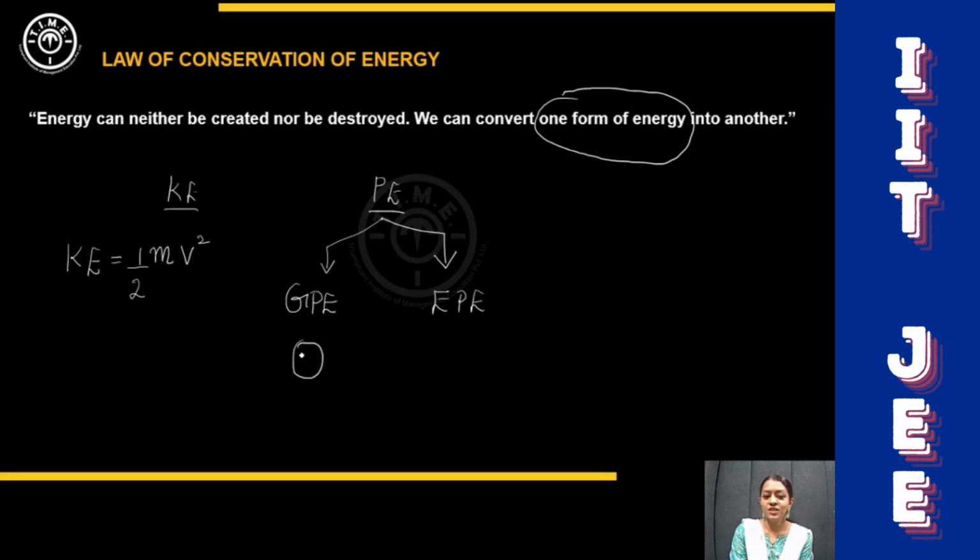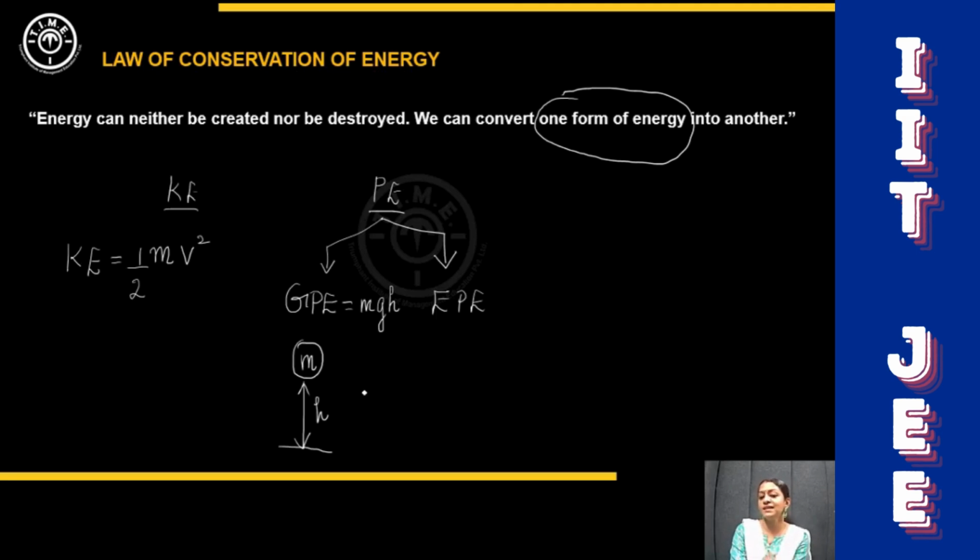If you are considering a body of mass m which is at a certain height h above the reference level or ground, then the gravitational potential energy possessed by this body is given by the equation mgh, right? m is the mass of the body and h is the height of the body above the ground, and g is the acceleration due to gravity. So, hope now you are clear with the concept of gravitational potential energy.